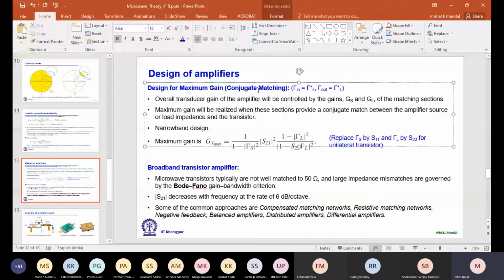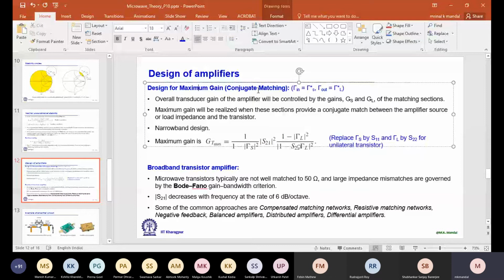Then overall transducer gain is also controlled by your matching network. For the input matching network, we defined GS, and for the output matching network, we defined GL.